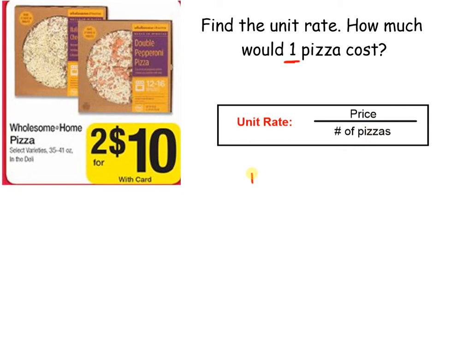So we have $10, you can even put the dollar sign, over 2 pizzas, because it says in the advertisement we get 2. If you put 10 divided by 2 in your calculator, you're going to get 5, okay, which is 5 over 1. So $5 for 1 pizza. So your unit rate is $5.